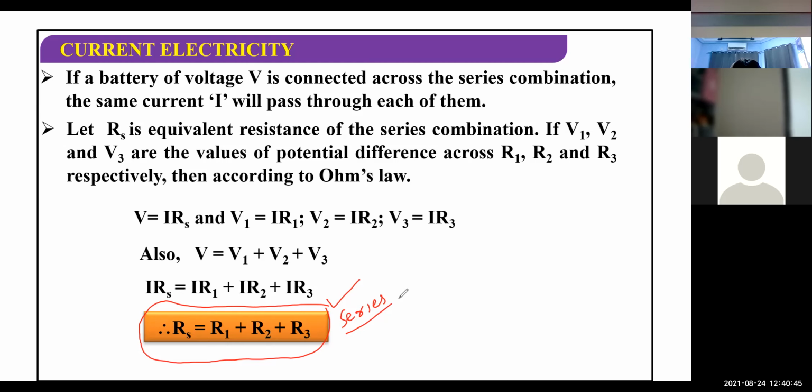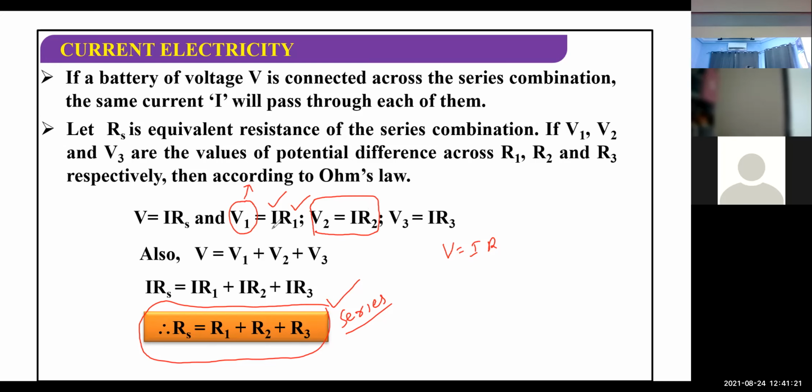And remember, children, as I have told you, from Ohm's law, V equal to I into R. So V1 is the potential across the first resistor, with current I and the resistance R1 of the first resistor. Similarly, the voltmeter reading V2 is equal to I multiplied by R2, the resistance of the second resistor.